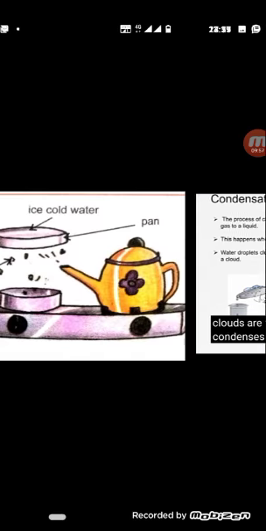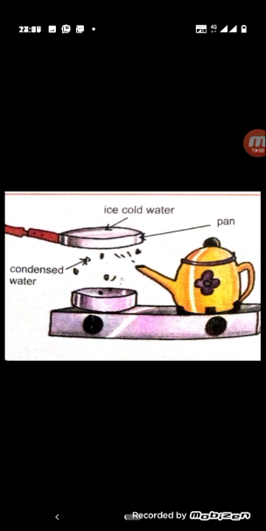Now, here you can see a picture of an experiment. Take a kettle filled with water and keep it on the gas stove for boiling. You can observe the steam coming out from the kettle.